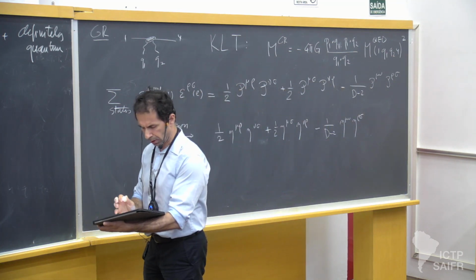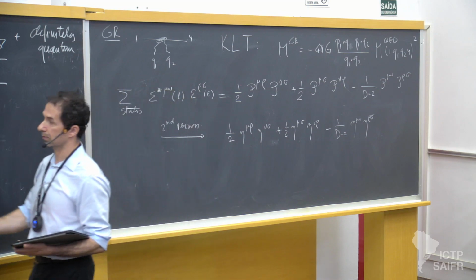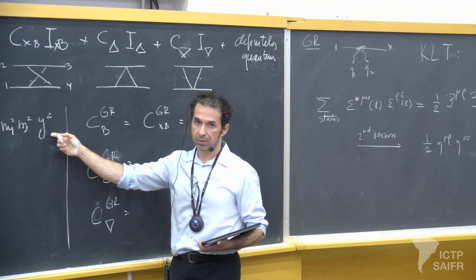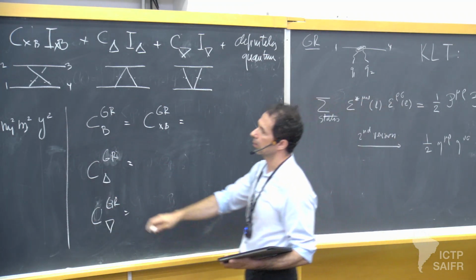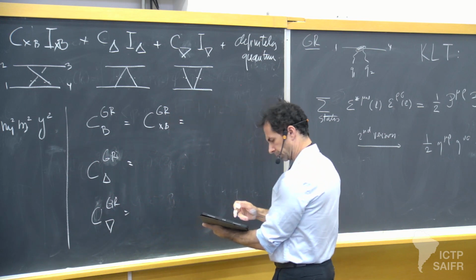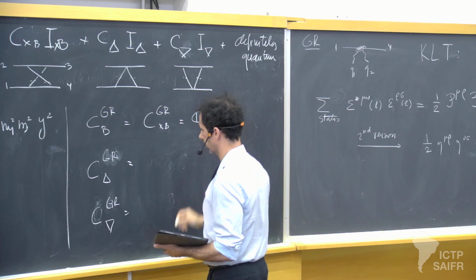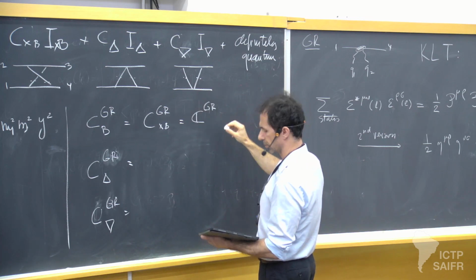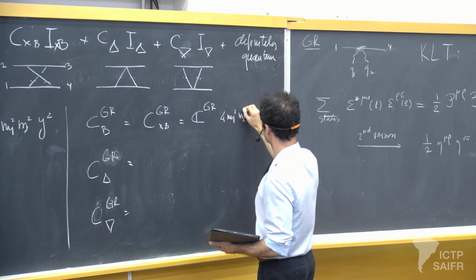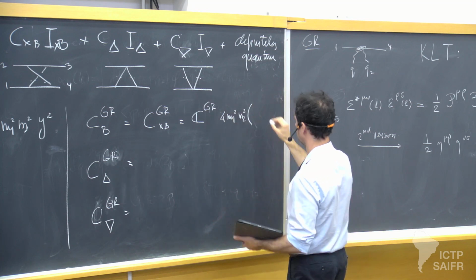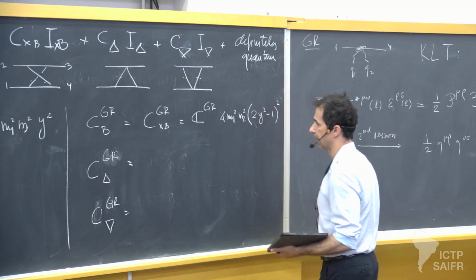The result is remarkably similar to the one in QED, except that it accounts for the fact that GR has 2 momenta per vertex, whereas QED has 1 momentum per vertex, so there should be more y's in here, and there are. There is some constant, which I'll tell you in a second. It's C_GR times 4 m1 squared, m2 squared, and then 2y squared minus 1, squared.